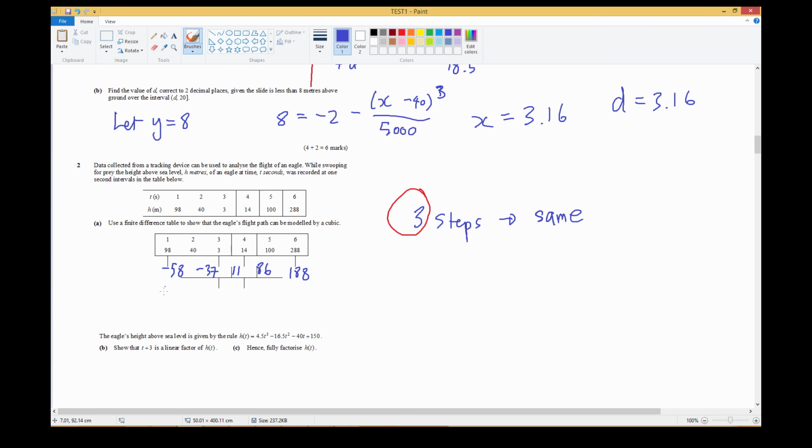Right, so it's first order, second order. Negative 37 minus 58.